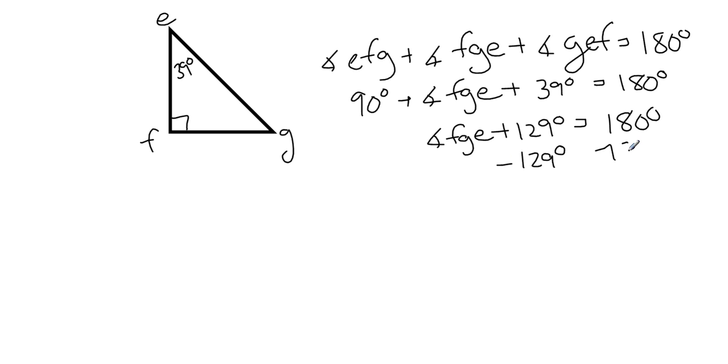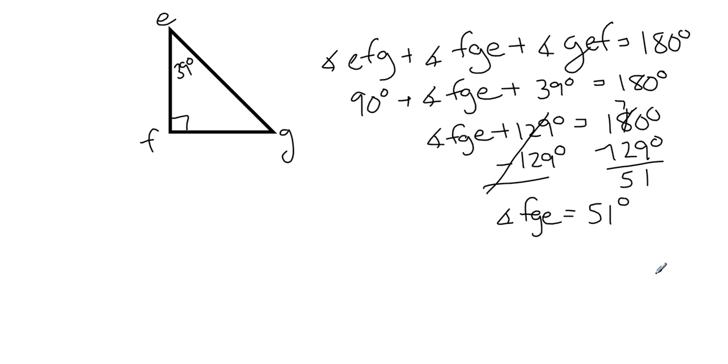We subtract 129 degrees. These will cancel each other out. We're left with angle FGE equals 180 minus 129, cancel, carry the 7, we get the 1, we get the 5, 51 degrees.